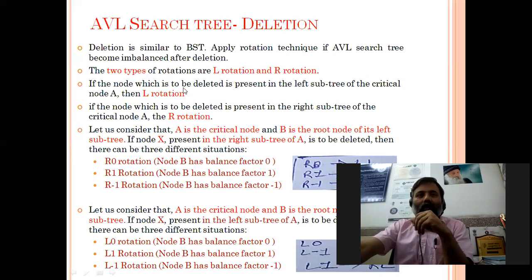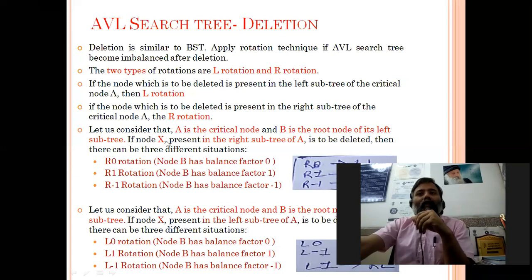Okay. L rotation means if a node is to be deleted in the left subtree of a specific node A, then we will say L rotation. And if we are going to delete a node in the right subtree of this specific node A, then we say R rotation.